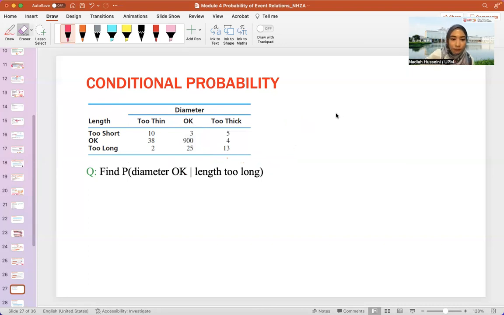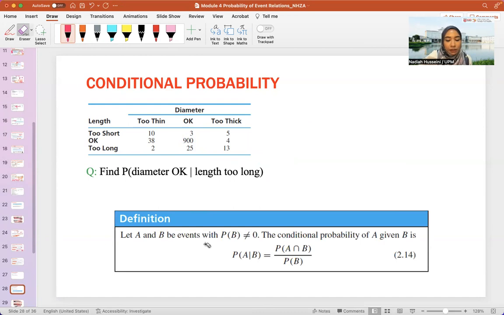Okay, so let's do this one. Let A and B be events where probability of B is not equal to 0.